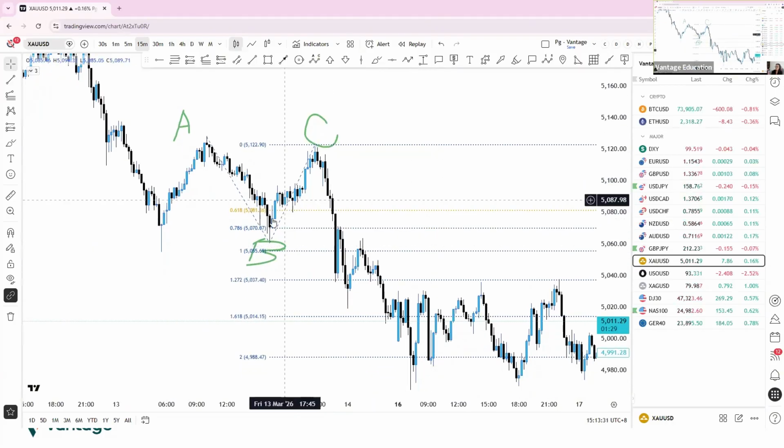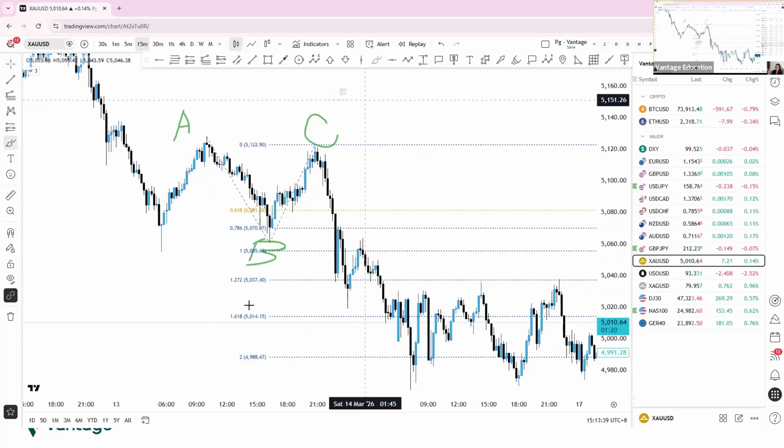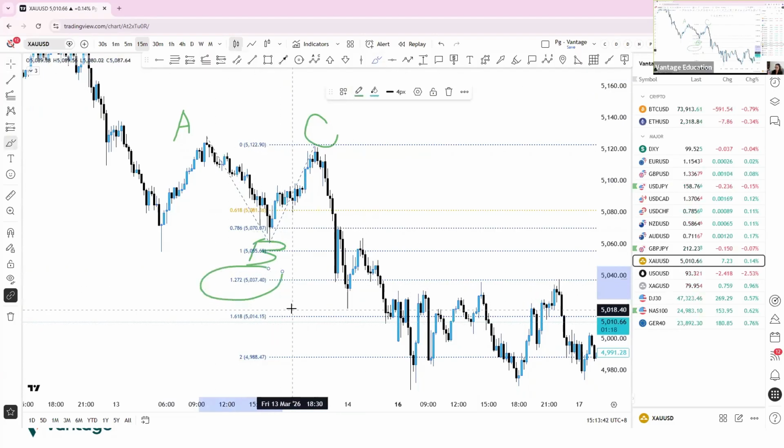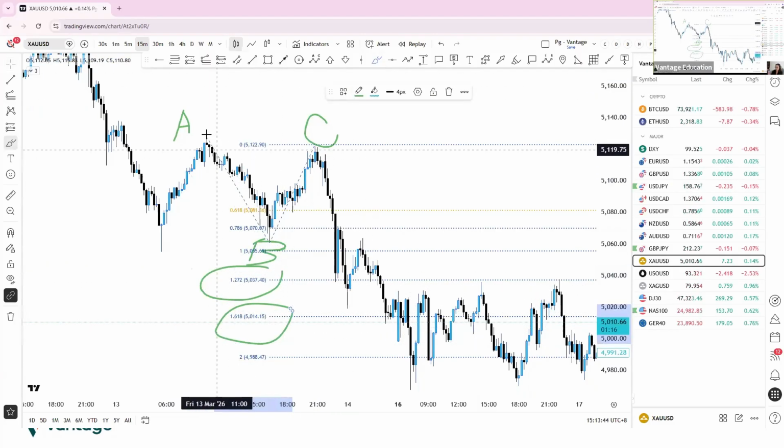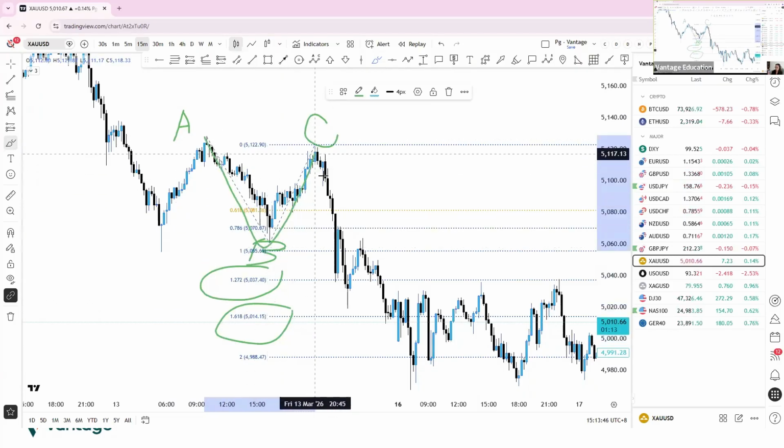So we should use 61.8%, 78.6. This is 100%, because this is the starting point, right? Then we're going to use another one, 127 and 161.8. From A, B, and this C, you can see that price almost hit 61.8% and then bounced.